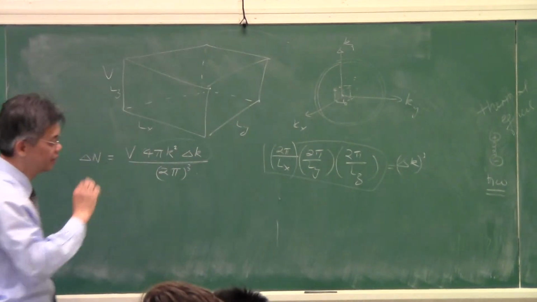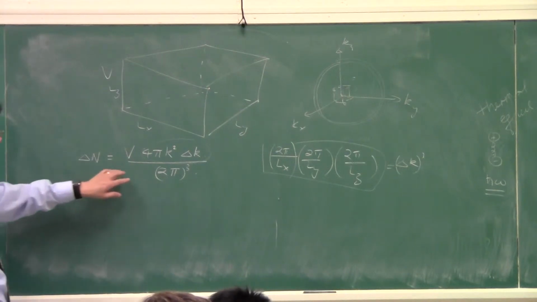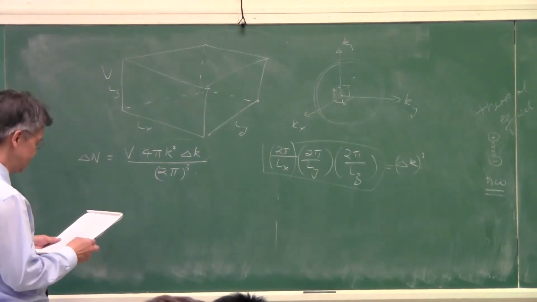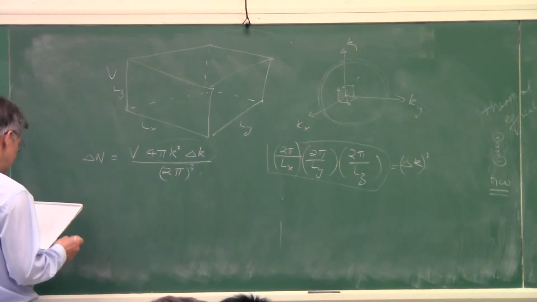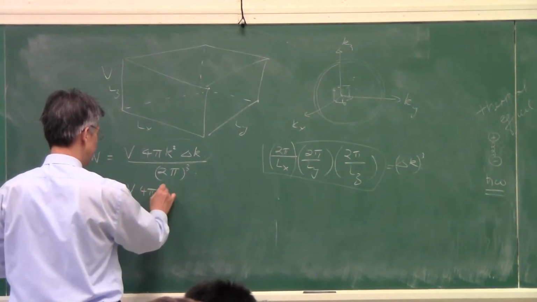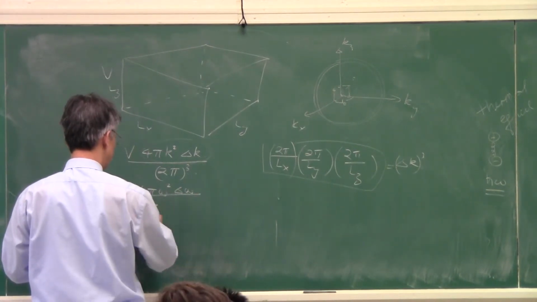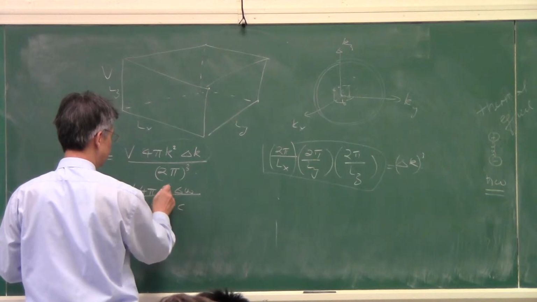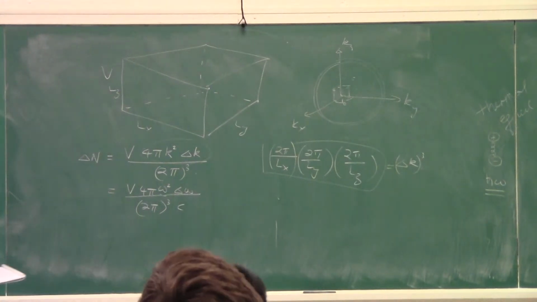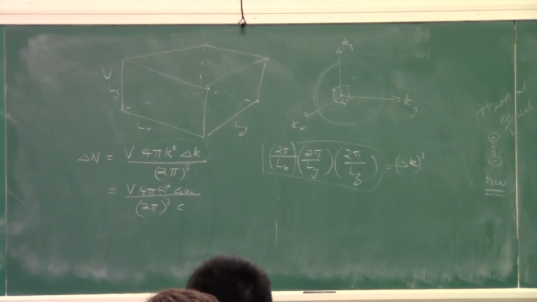The little cube occupied by each mode is about that size, and hence the number of modes that you have is given by this number over here. You can convert this to frequency: 4 pi omega squared delta omega over 2 pi cubed c cubed. So the number of modes you have in a small frequency interval is given by this number.